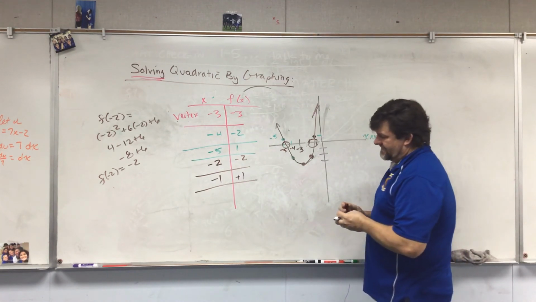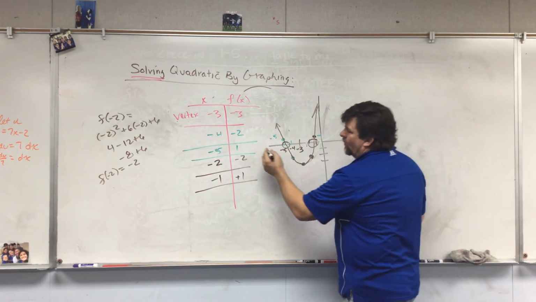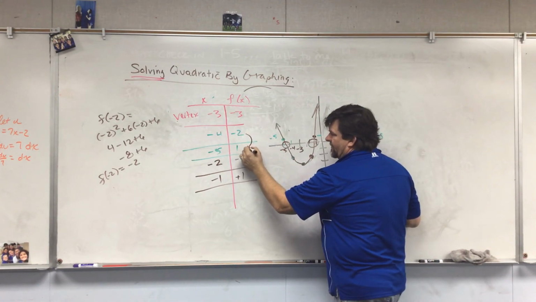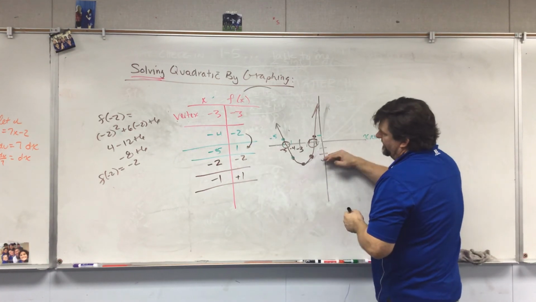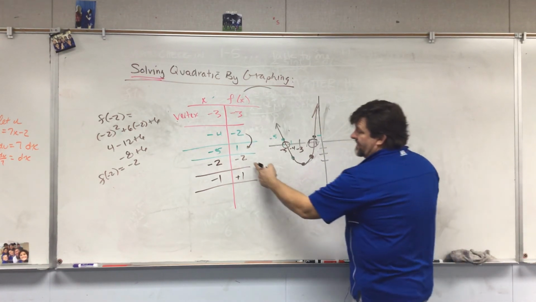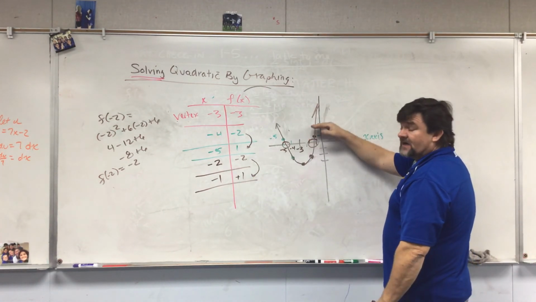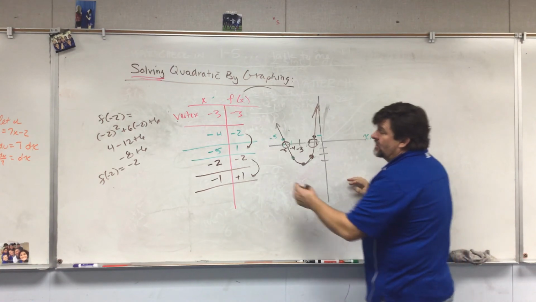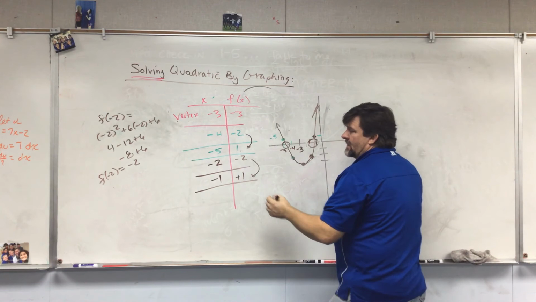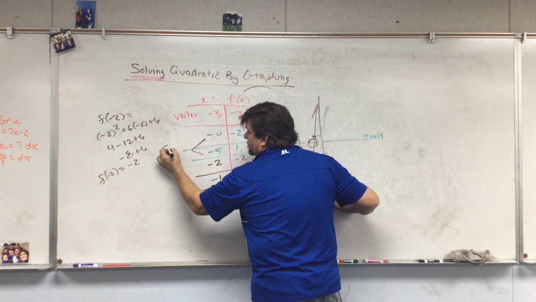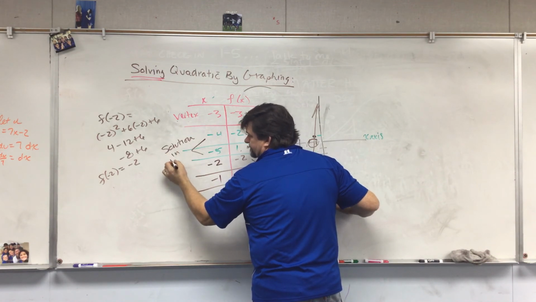Now I want you to notice something. The y value goes from a negative to a positive. Look how the y value is negative to a positive. That means it goes from the bottom of the graph to the top of the graph. When you see a y value change from negative to positive, your x value, your solution, is in between.